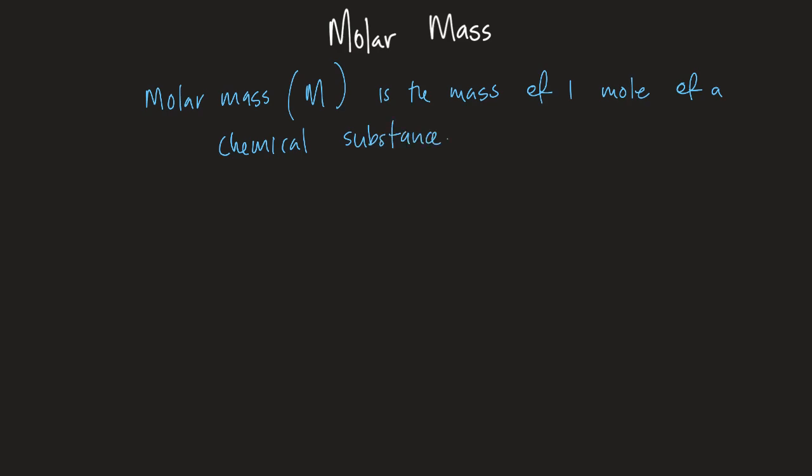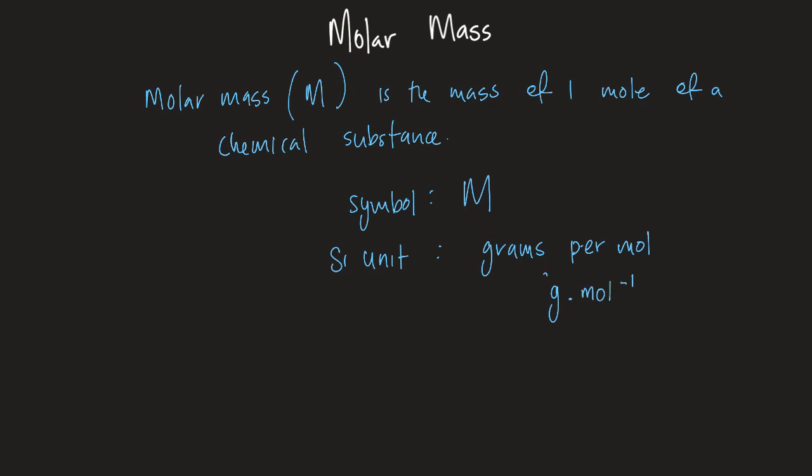Our symbol, as I said, is capital letter M. And our SI unit is grams per mole. How we write that down is, like meters per second, it's g·mol to the power of -1. That is the SI unit, just like meters per second.